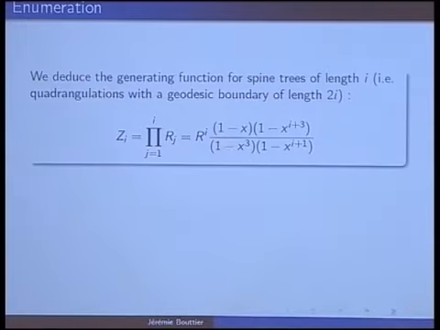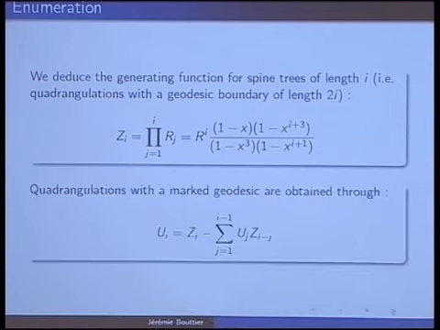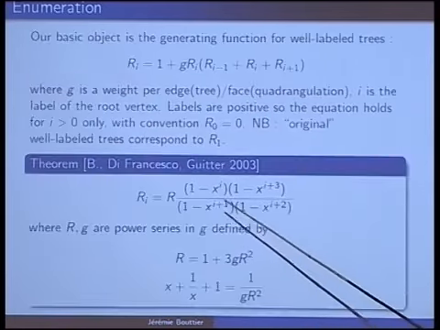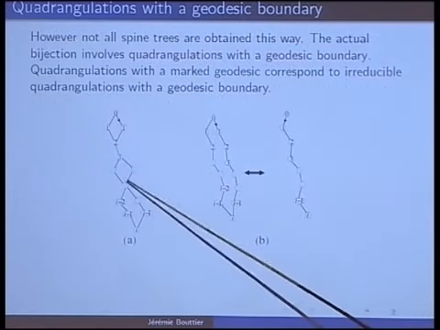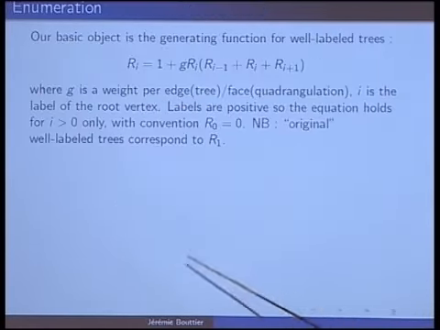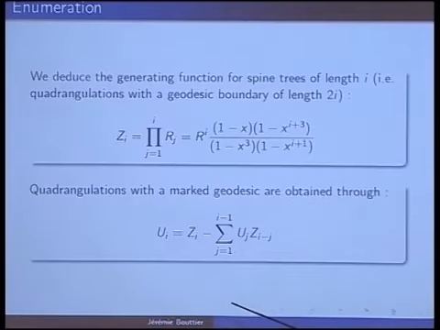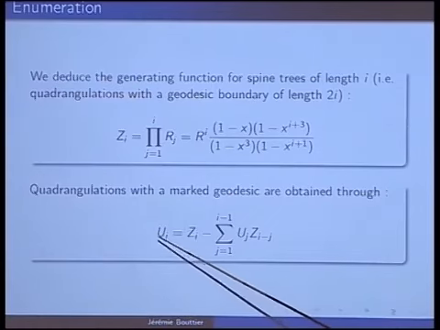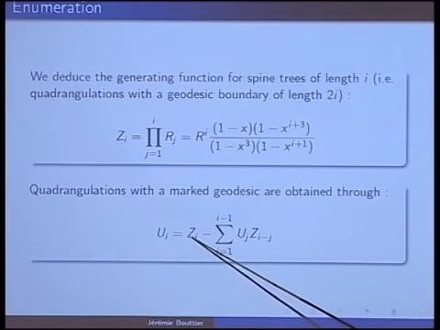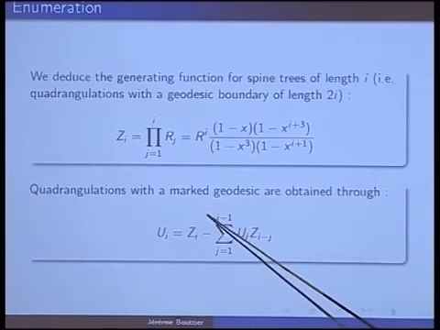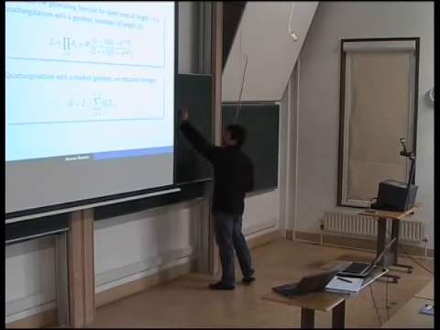And now, this corresponds to the generating function for quadrangulations with a geodesic boundary of length 2i. And if you want to get the generating function for quadrangulations with a marked geodesic, you have to translate this decomposition in irreducible parts into generating functions, and you just have to say that a general quadrangulation with a marked geodesic is made out of the first irreducible component that goes up to j.